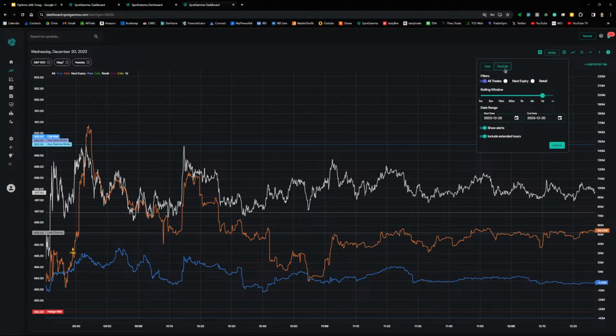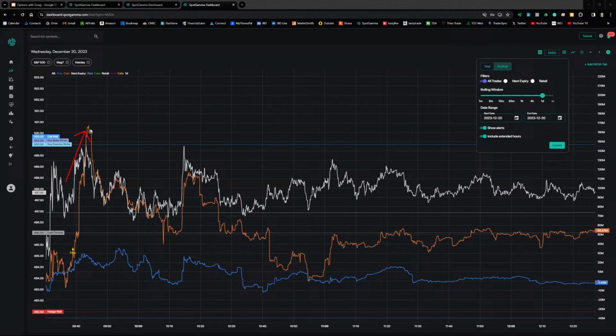So today mainly call buyers and sellers driving price. And the call buyers become call sellers as NVIDIA hits the 500 level. They do that twice.